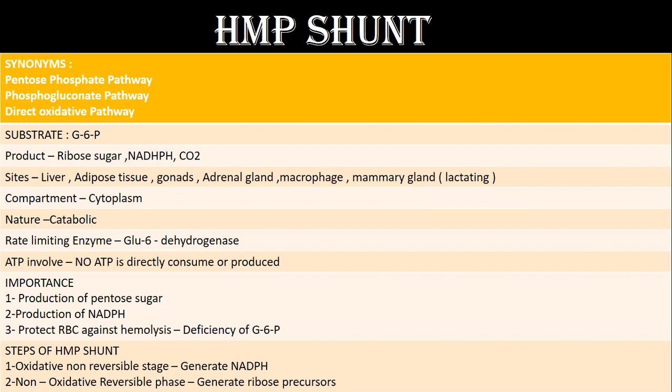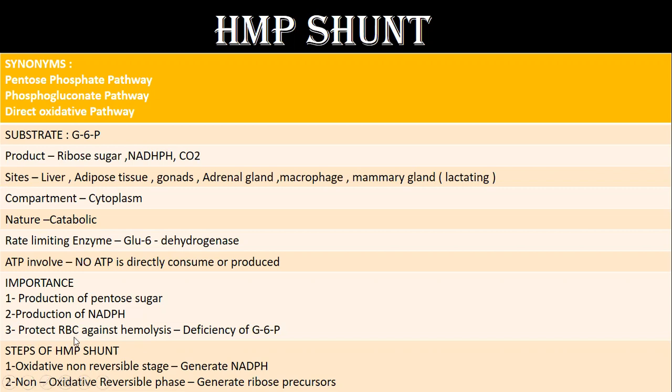NADPH supports the handling of superoxides and all free radicals. When we talk in our further discussion, we'll see how it is happening. It prevents hemolysis of RBCs. Detoxification of many drugs takes place, and the reductive biosynthesis of fatty acids, steroids, and cholesterol depends on the production of NADPH.